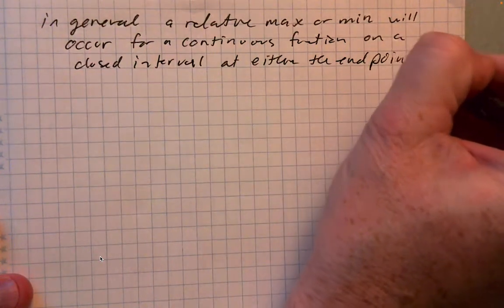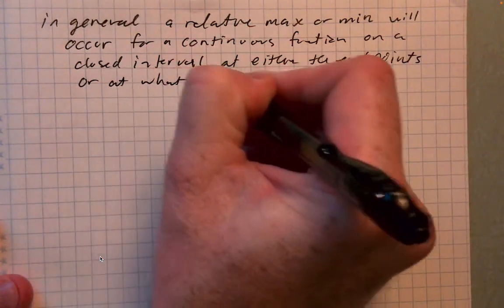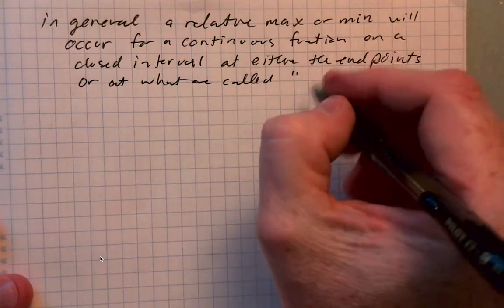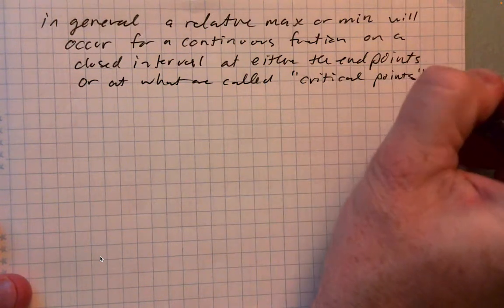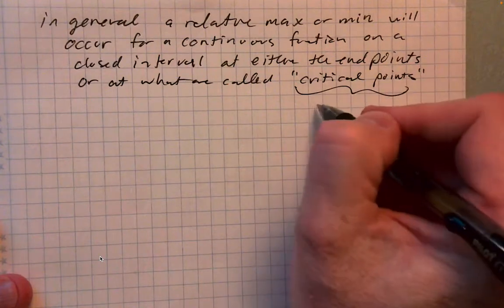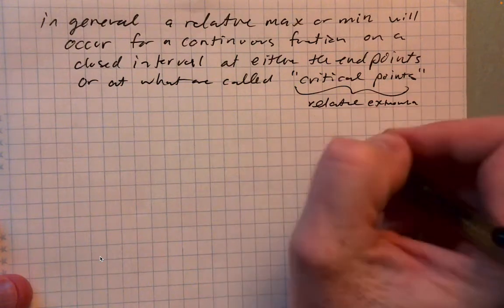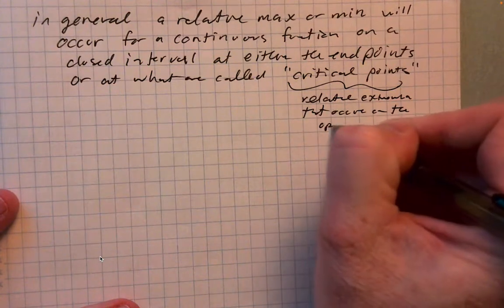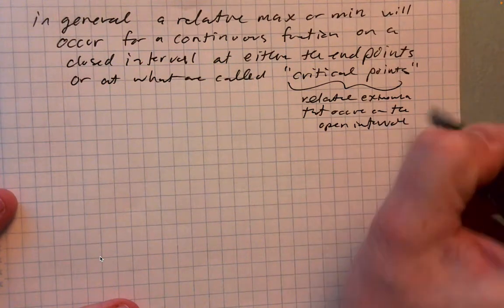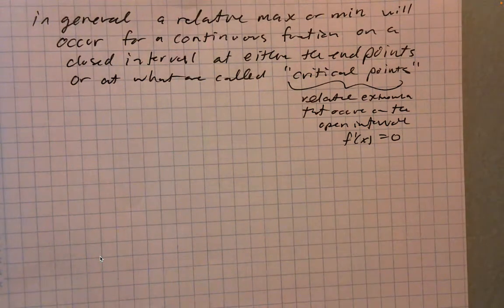That can happen, or at what are called, and here's kind of a definition here, critical points. We'll define this in a second. Those critical points are those relative extrema that would occur only on the open interval, so those places where the derivative equals 0.